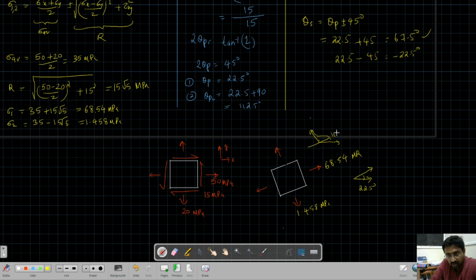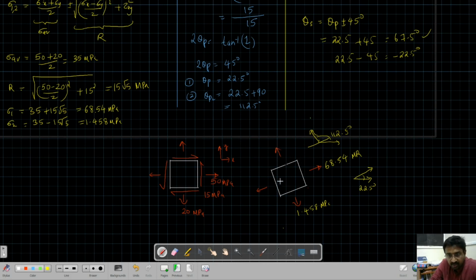The orientation of a plane is denoted by the normal of the plane, so its normal and the original x-axis make an angle of 112.5 degrees. That is why we are getting the second angle. The first angle for this plane is 22.5, so 22.5 plus 90 gives the orientation of this plane.